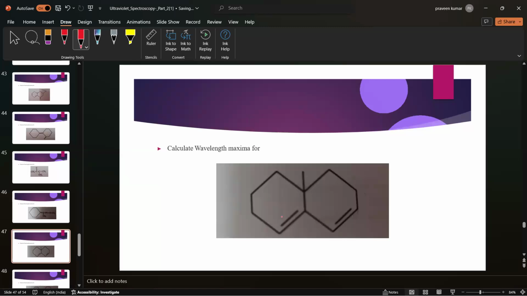Okay, tell me what the base value is. What will be the base value of the system? 215. Great.